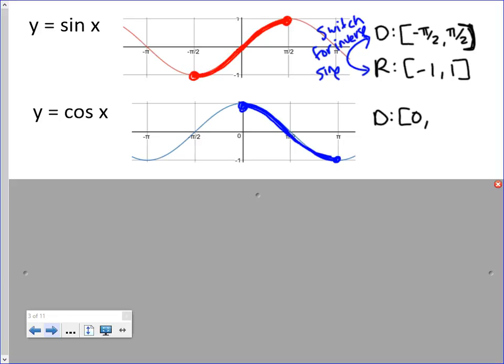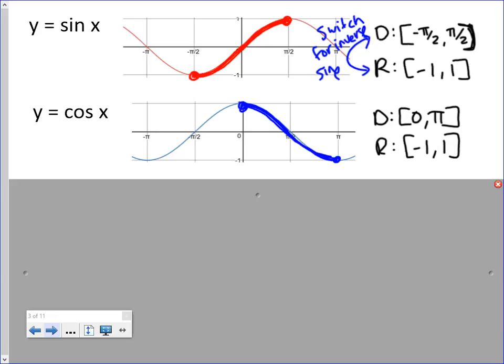The domain is going to go from 0 to pi now. So this means that when we look at the next slide and we talk about inverse trig functions, if you're doing an inverse cosine, you should only answer angles between 0 and pi. So angles that are not between 0 and pi are not acceptable answers to an inverse cosine function.